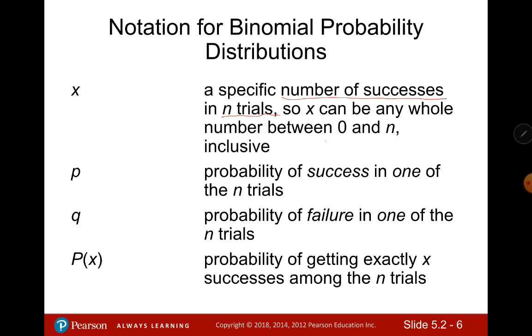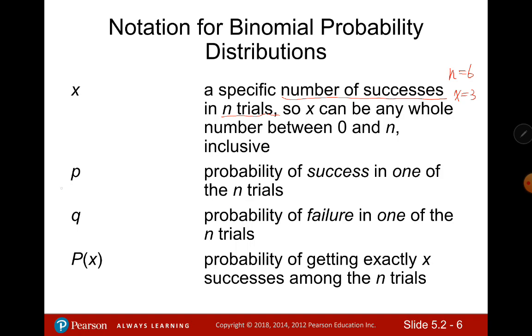Of course, it can be any whole number between 0 and n. So for example, if n is equal to 6 and x is equal to 3, that means in these 6 trials, 3 are successes, which means the other 3 are failures.